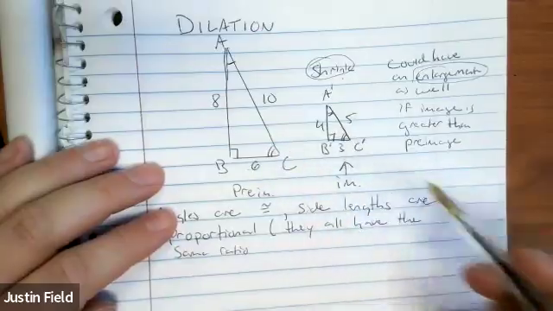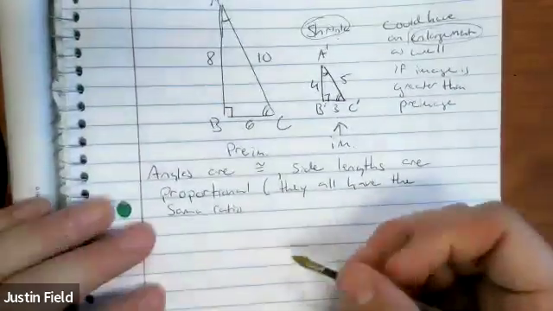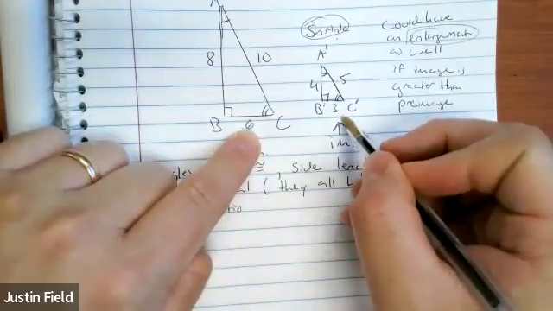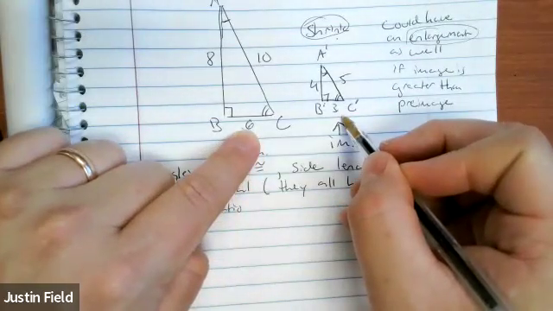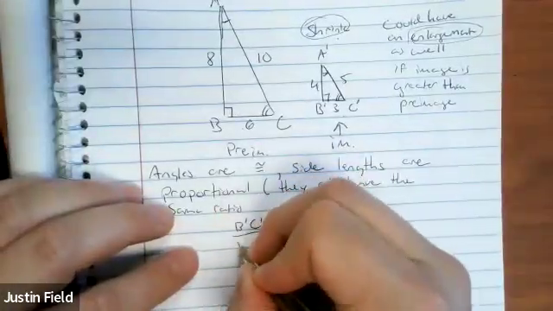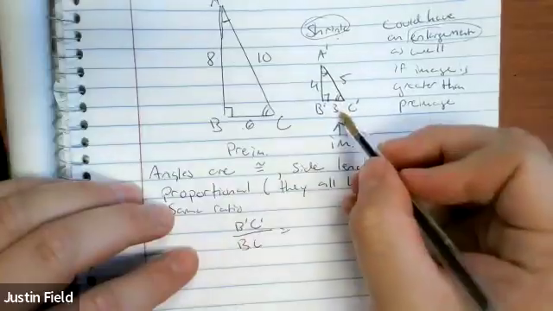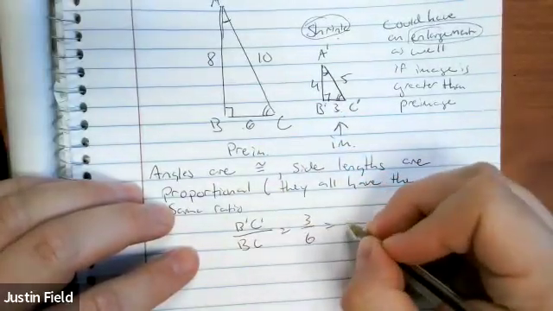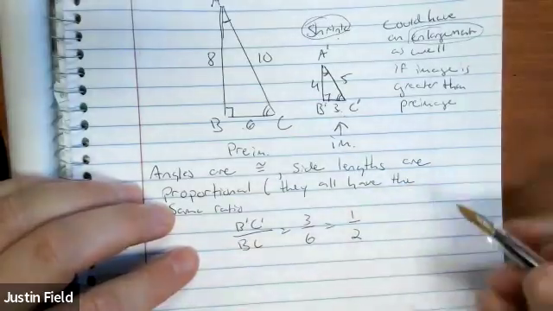These side lengths are all proportional. And I'm going to show you the example of what that means. I can take any corresponding side pair and make a ratio. So B prime C prime over BC would be 3/6, which we know is 1/2.